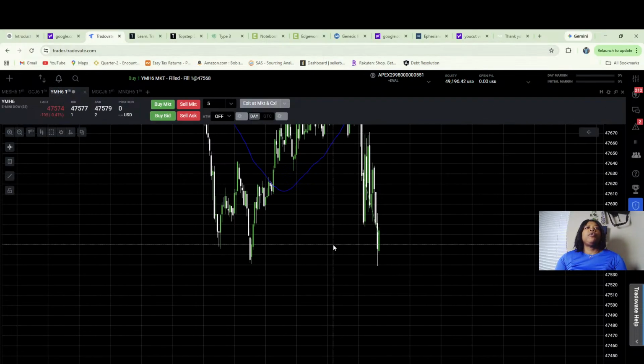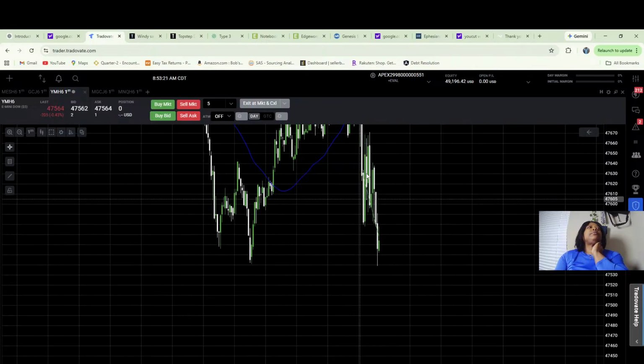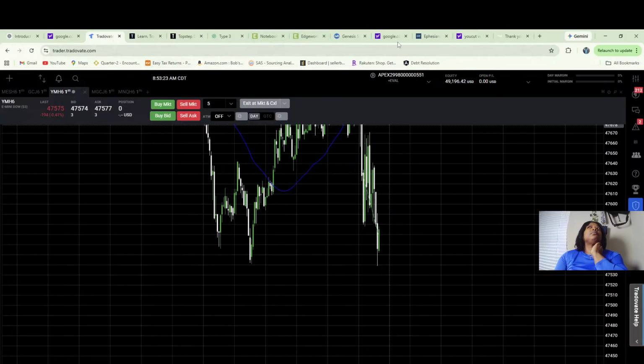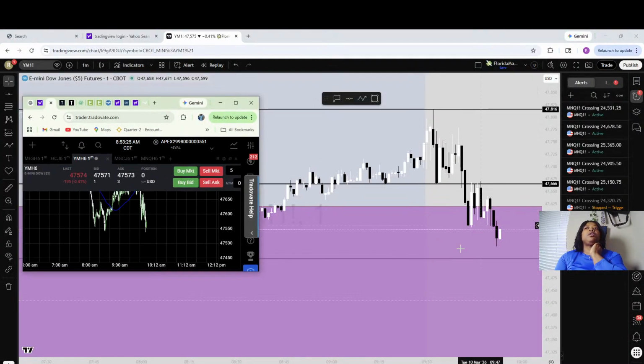We hit our TP right here, where I came out at a demand zone. It's a buy area, so that's where I came out. I was thinking that it was going to come down to the midnight candle.